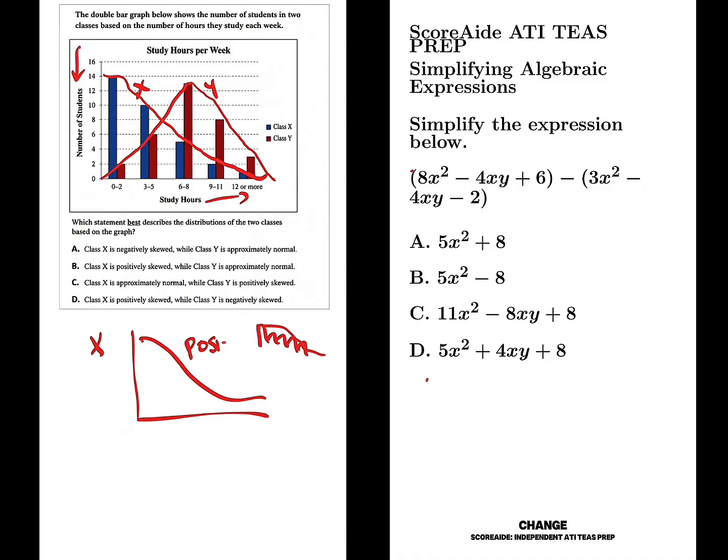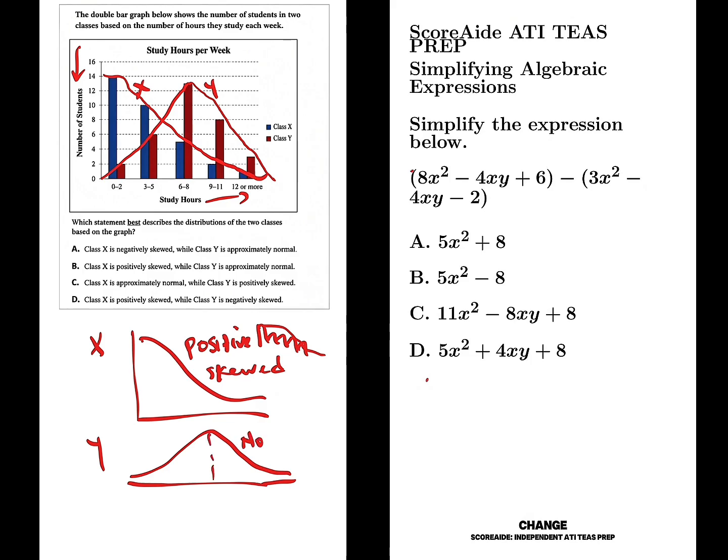So that is the way you know whether it is negative or positively skewed. So you see that x is going to be positively skewed. Y, though, is going to be a normal distribution, right? It's going to be normally distributed.